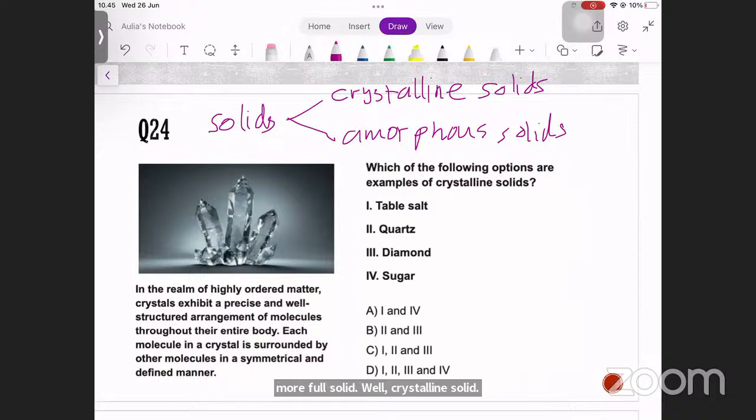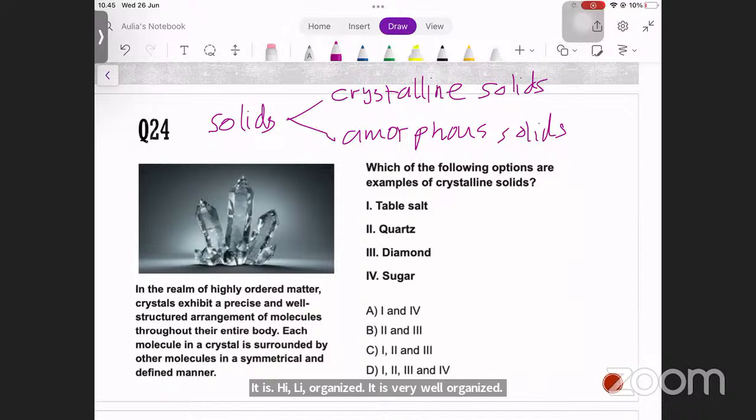Or let me give you another piece of information for crystalline solid, everyone. The structure is highly organized. It is very well organized in a microscopic structure.